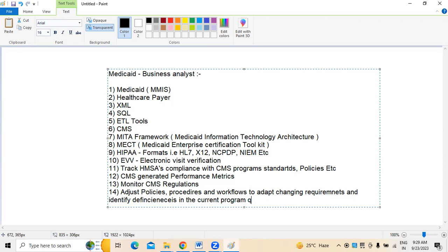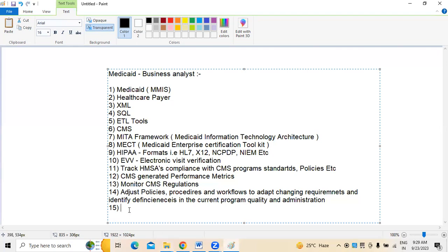quality. Whatever programs we are maintaining, we need to understand that. This knowledge is also required for a Medicaid person who is applying for opportunities. At the same time, not only the quality, we must also know about the administration part. This is also one of the key and prominent elements.